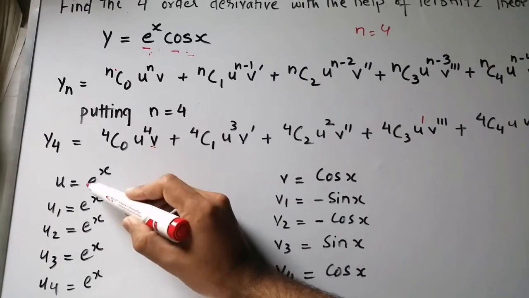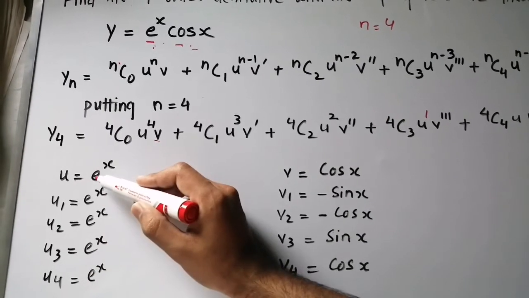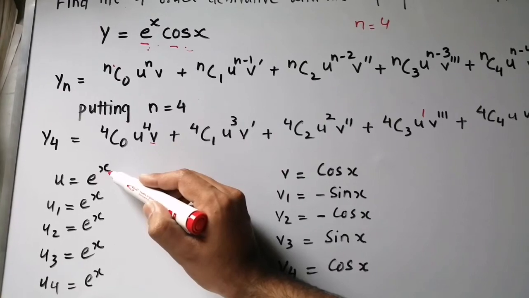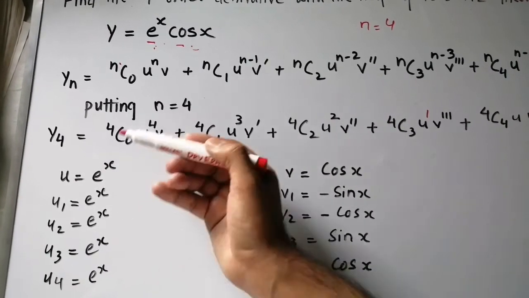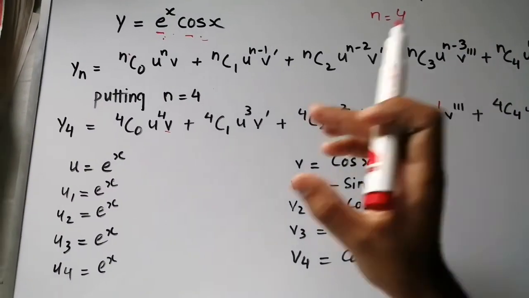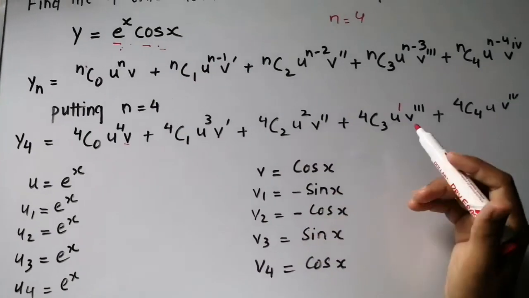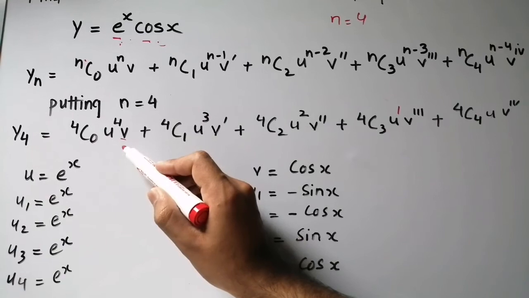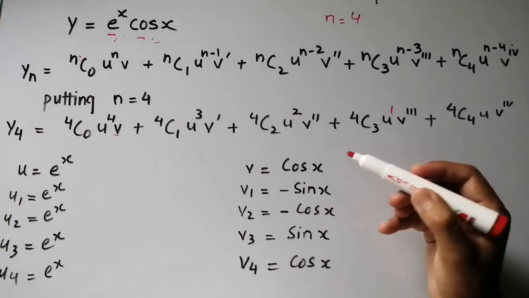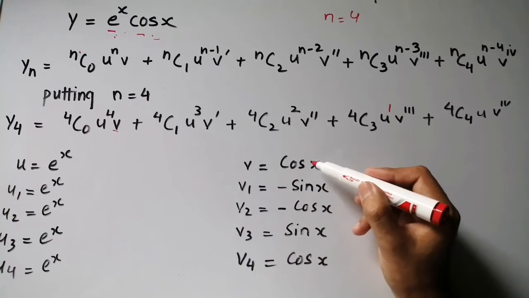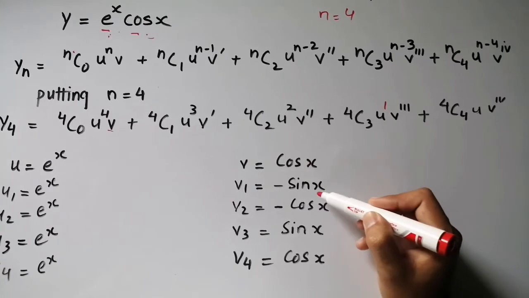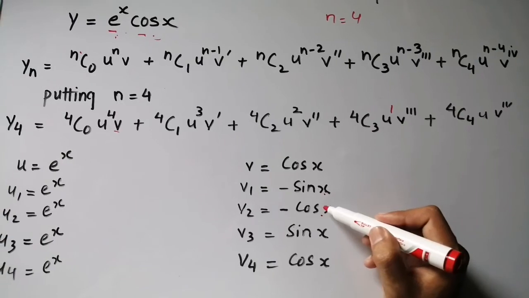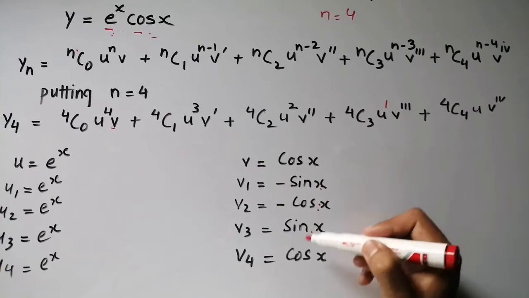I have differentiated u 4 times, and the value for u equal to e^x will remain the same because it is an exponential function, and the derivative of e^x is e^x. So the fourth derivative of e^x will be the same, and I have also differentiated the second function, that is v, basically cos x, 4 times, that is cos x after differentiating the first time will become minus sine, then differentiating again will become minus cos, and minus cos after differentiating will become sine, and so on.